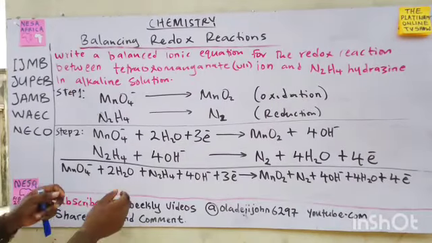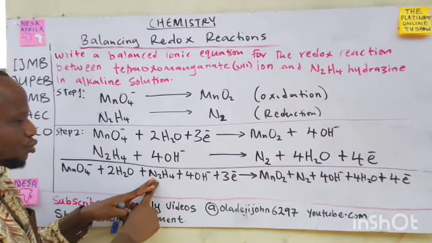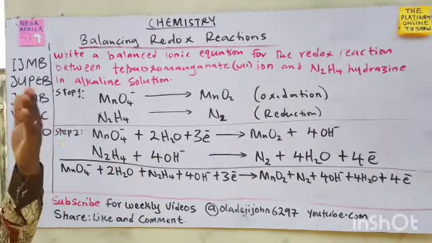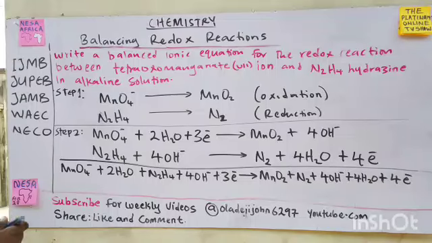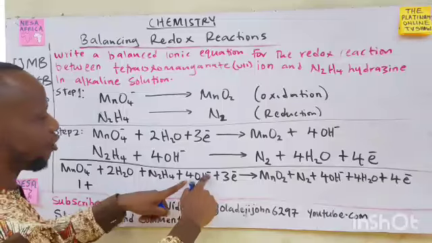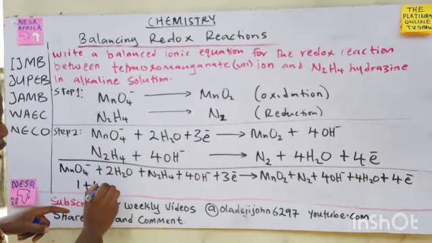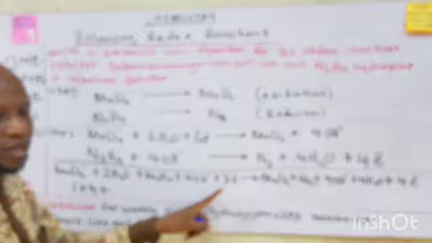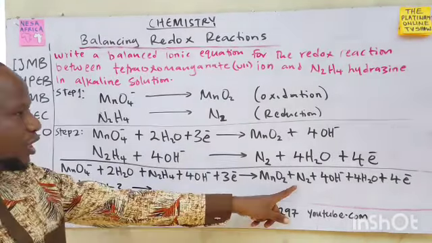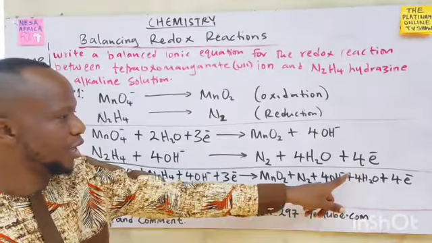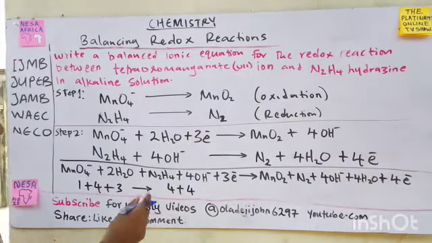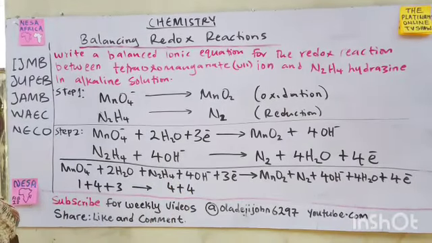Hydrogen is also balanced. Now nitrogen, we have N2, nitrogen is balanced out. So every element is balanced. Now let's come to the charge. Here we have 1 negative, we have 4 by this coefficient plus 4, plus the 3 electrons that were added, that's 8. Here we have 4 plus 4, 8. So the charges are also balanced.